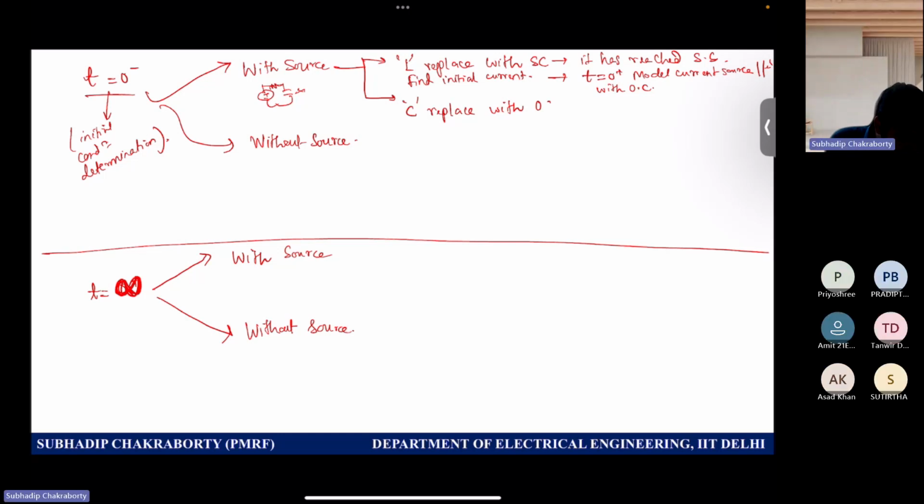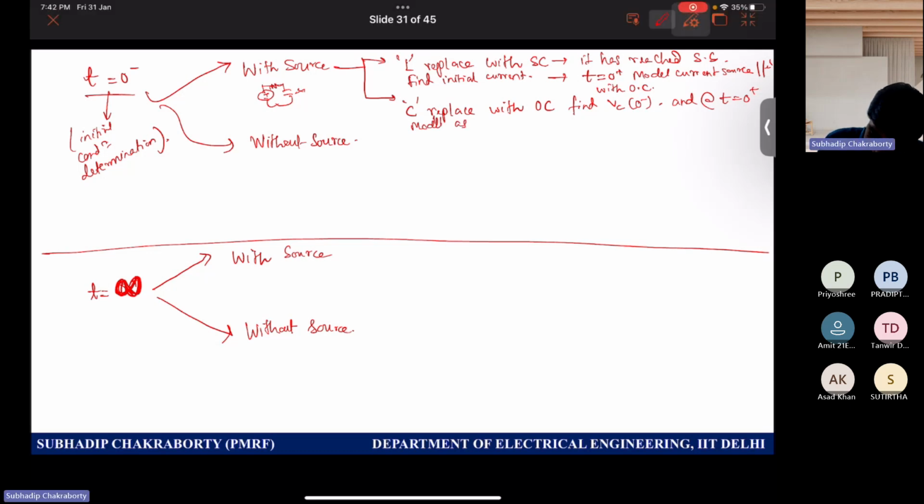And then what we will do, find the initial condition, and at t equal to 0 plus, model as a voltage source in series with, zero initial condition means short, because it is 0 volts.